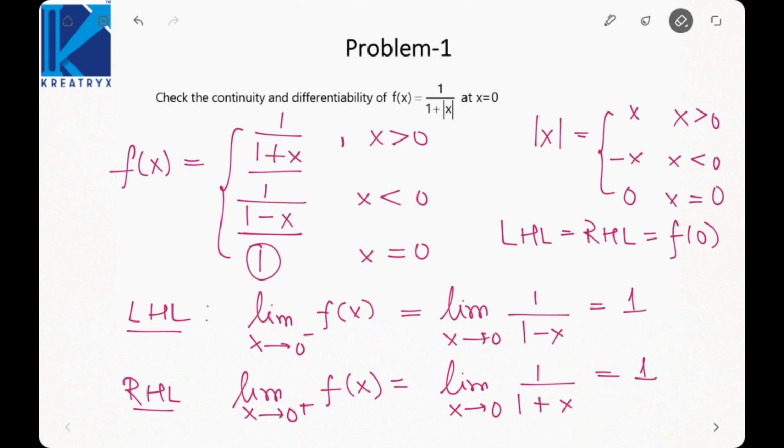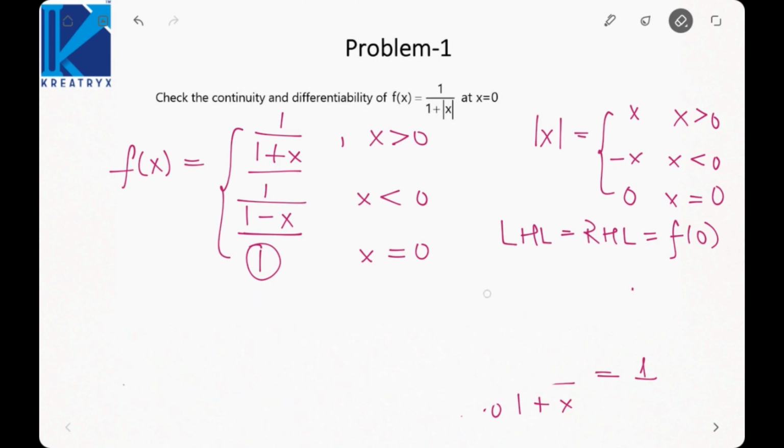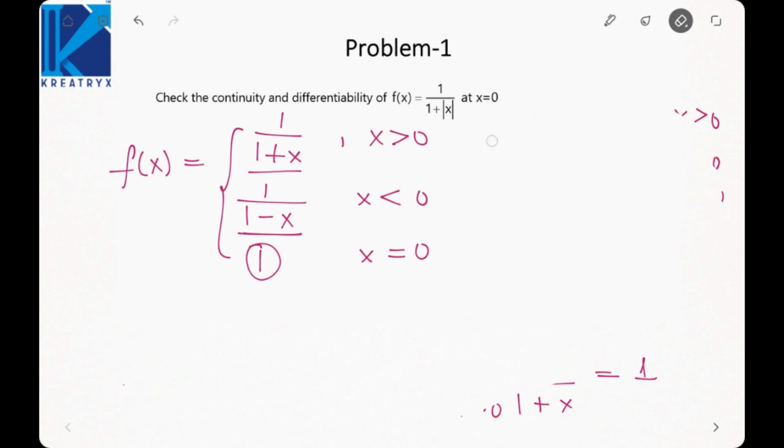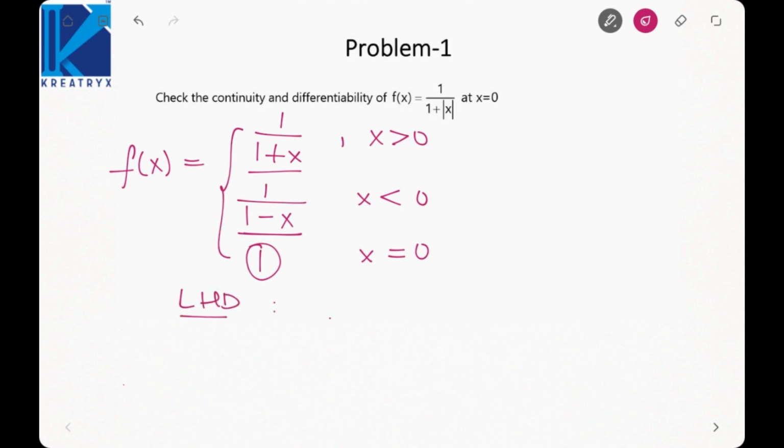Next I have to check differentiability. For differentiability, I have to derive the left hand and the right hand derivatives. Let us first calculate the left hand derivative. How will you calculate it? Limit h tending to 0, f(0) minus f(0 minus h) over h.